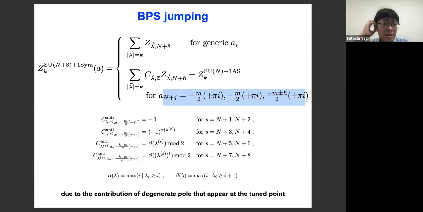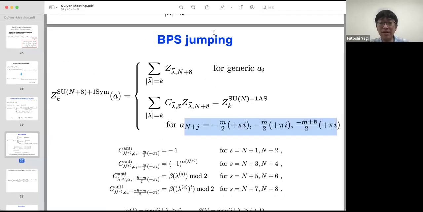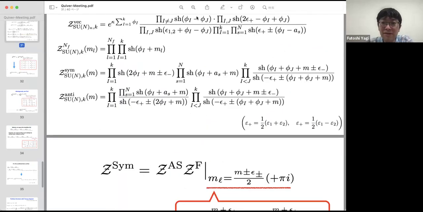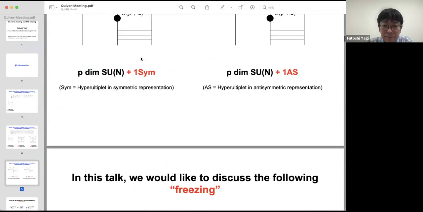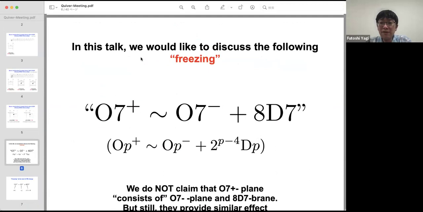Although I didn't do it systematically, I considered some magnetic quiver with the existence of an orientifold, in another work. In this process, I strongly observed that the rule for the O-plane is similar to the rule for this freezing phenomenon.